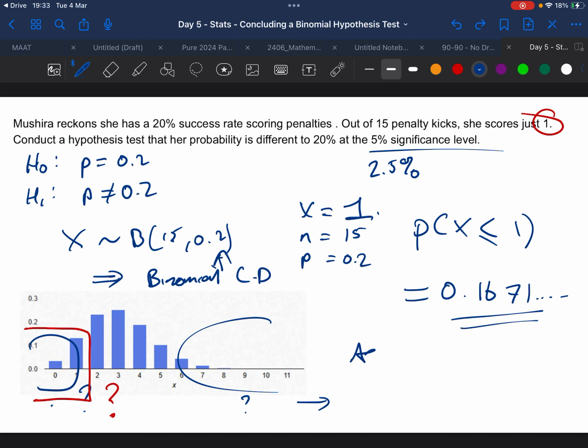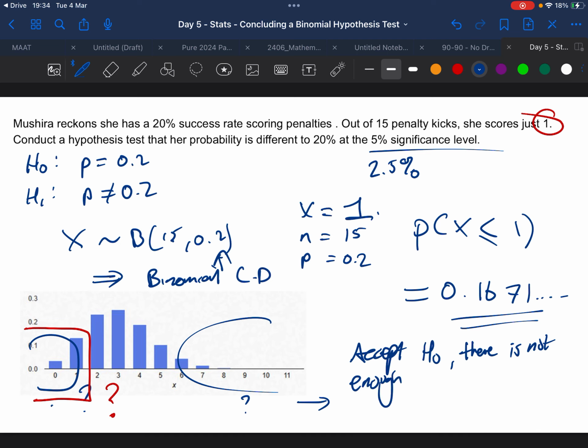So we are going to accept H0. Notice I'm mentioning H0 again. Let's put it in context. So I'm going to accept H0. You can reject H1 if you like, but that's not necessary. Accept H0. There is not enough, it's not special enough.